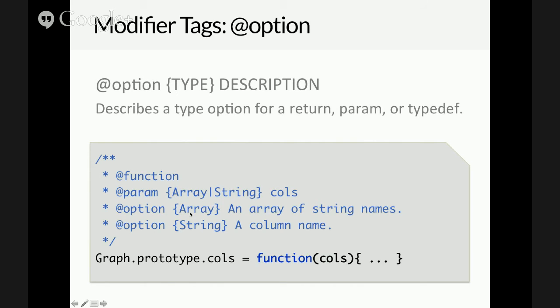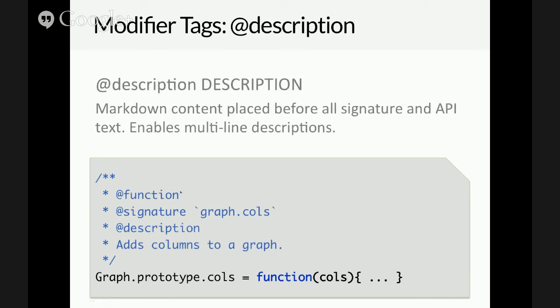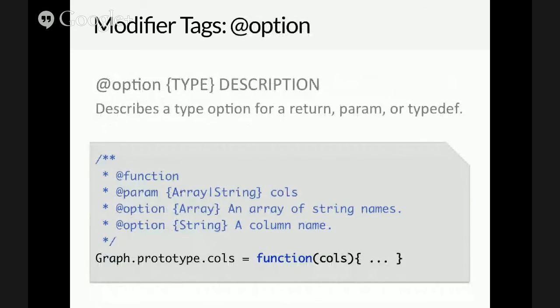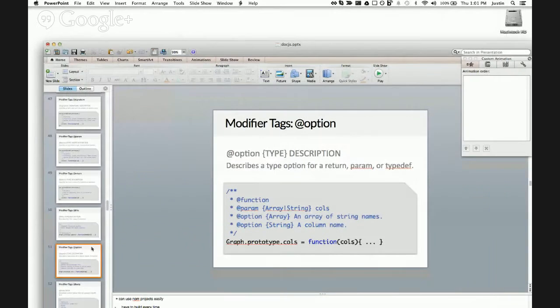Here's a bunch of types, and I can describe individual types within that type set. Also, option can be used to describe option. I'm going to show this, I forgot to. It's an important one.